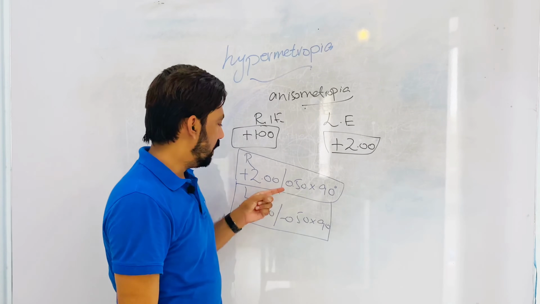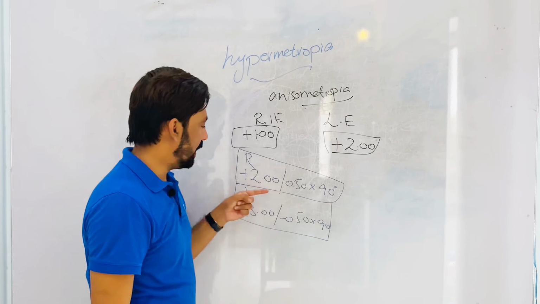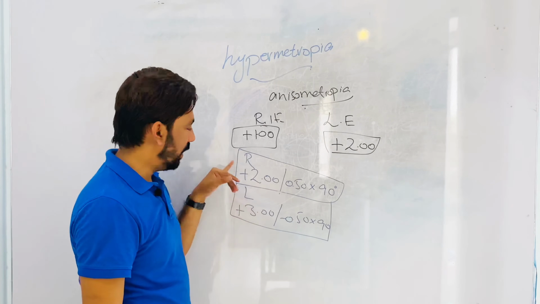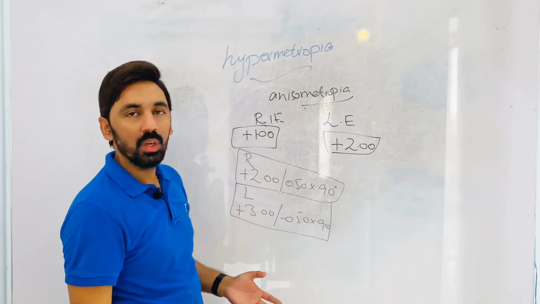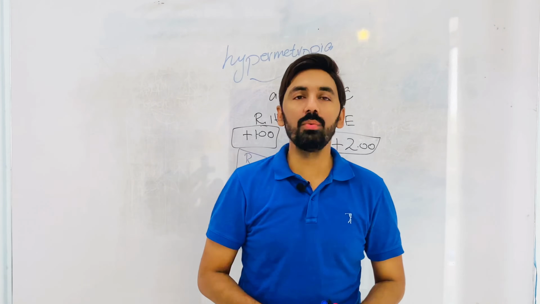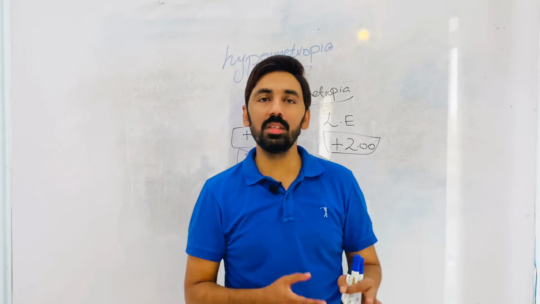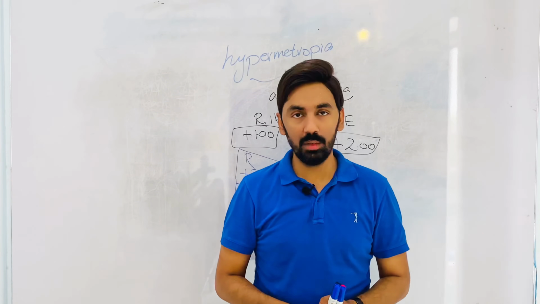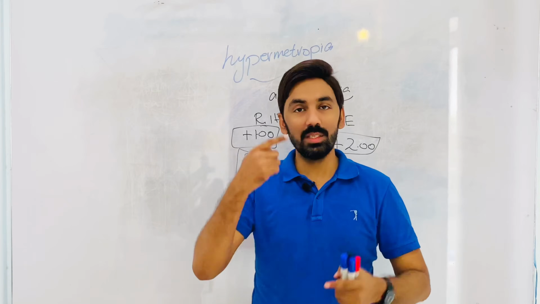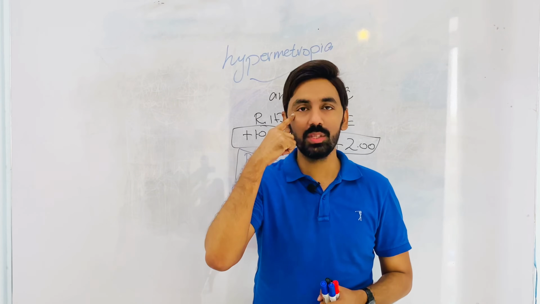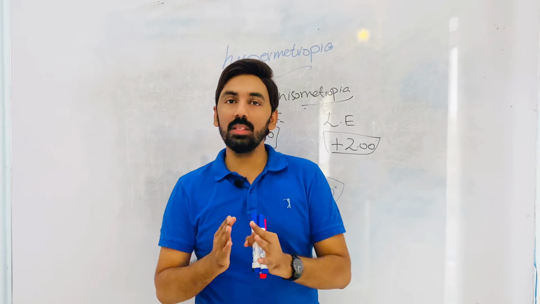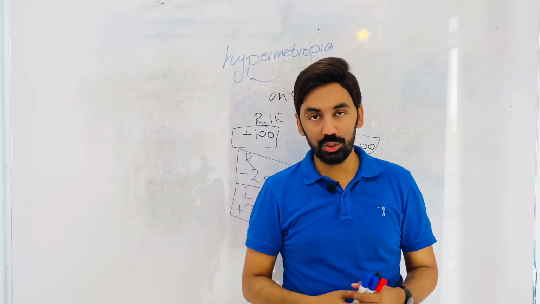So the management number one in that specific case is you must decrease the plus power in both eyes, and number two, in terms of exercise, you will prescribe shots of cycloplegic or cyclopentolate. When you instill cyclopentolate in the patient's eye, it will paralyze the accommodation, because your patient was habitually increasing his accommodation, right?